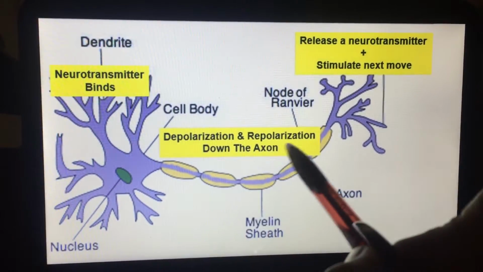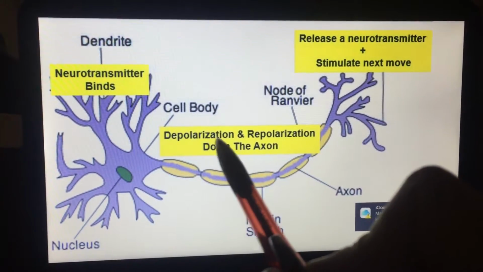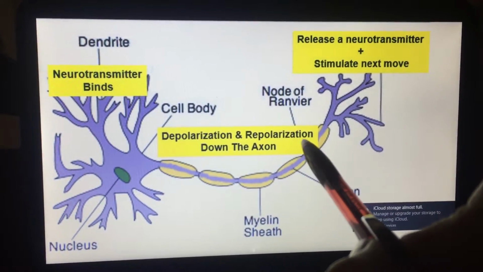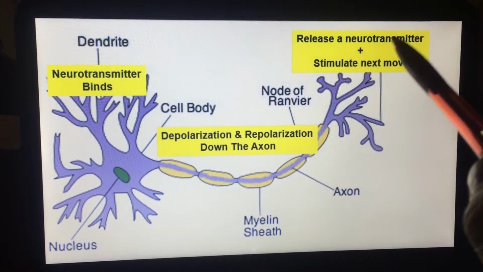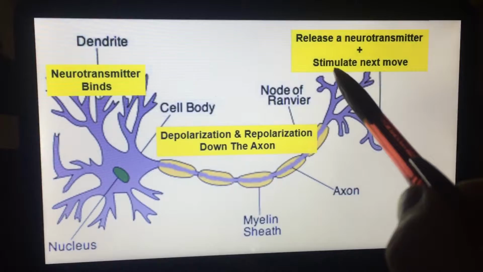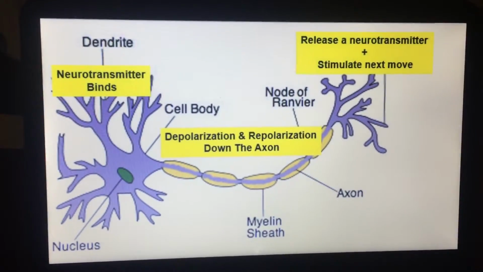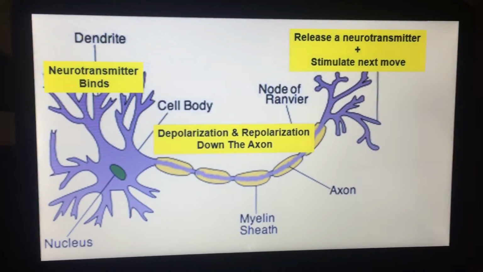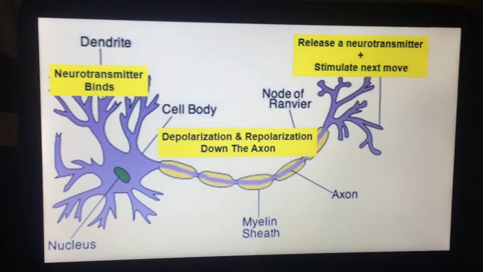That stimulates 2 events to happen repeatedly down the length here of my axon, depolarization and repolarization. Once it reaches the terminals here, another neurotransmitter is going to be released, and that stimulates the next move. And that next move could be another nerve impulse if it's connected to another neuron, or it could be the stimulation of a muscle or organ.